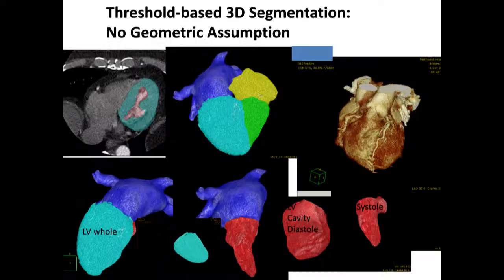This is complete threshold, basically tracking the difference of Hounsfield units at what they think is the edge between the myocardium and blood cavity. And this is, again, completely automated. With a little bit of AI help, you determine where the mitral plane is and where the apex is. You can get any cavity you want in any part of the cardiac cycle.